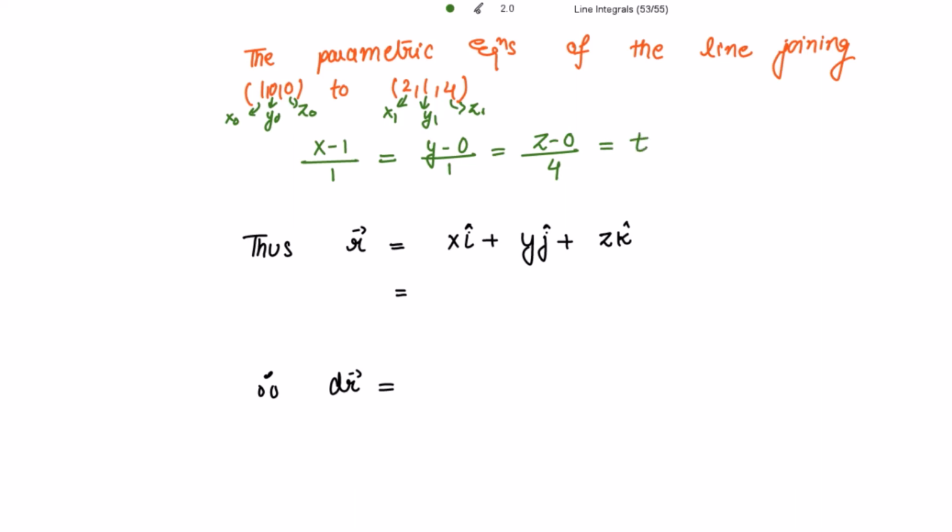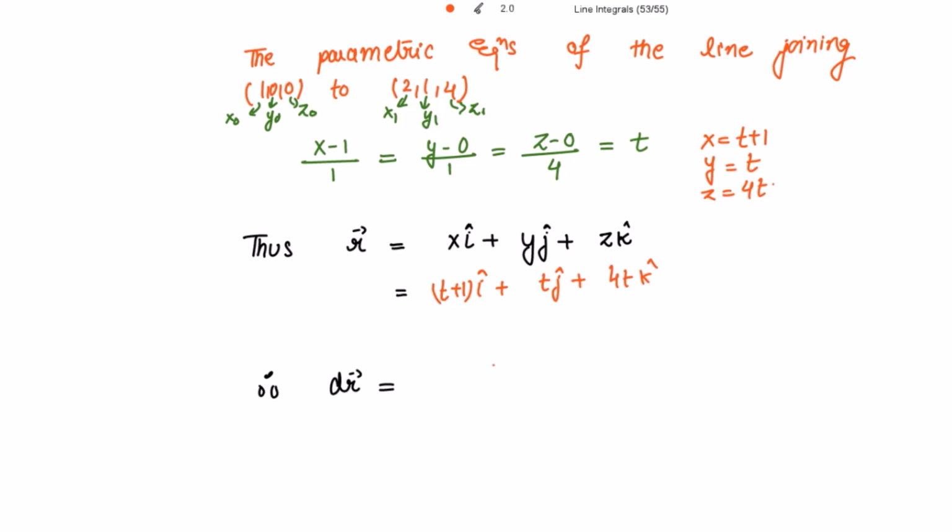Taking this all to be equal to t, let's say. So from here we get the value of x in terms of t as t plus 1, y is equal to t, and z is equal to 4t. And now writing this r vector in terms of t, putting the values of x, y, z here, we get (t plus 1) i cap plus t j cap plus 4t k cap.